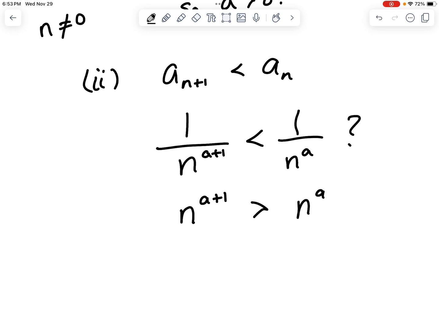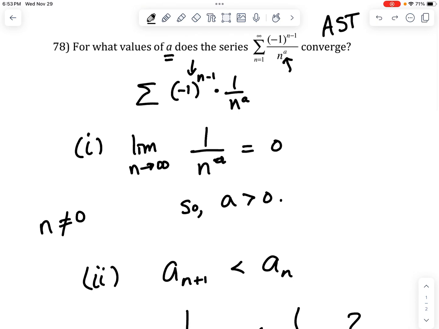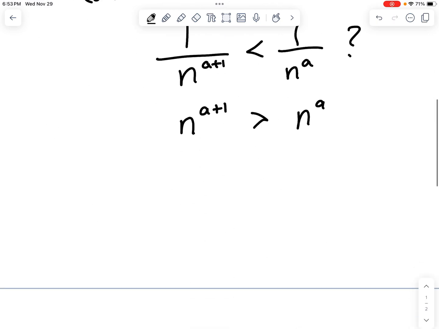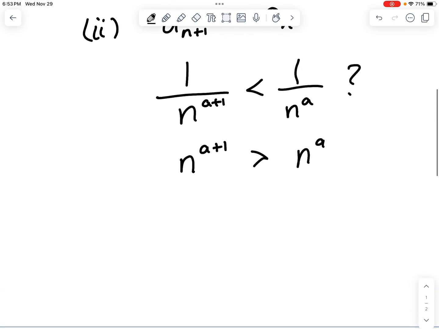So for what values of a is it true that n raised to the a plus 1 will be bigger than n to the a? Well, since n is a positive number, in fact, n starts at 1, you can divide both sides by n without changing the inequality.